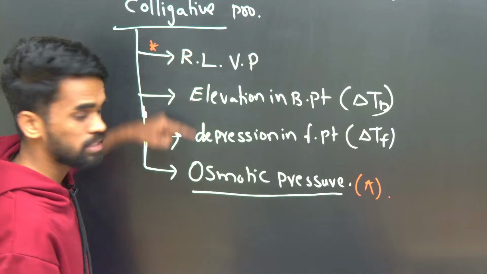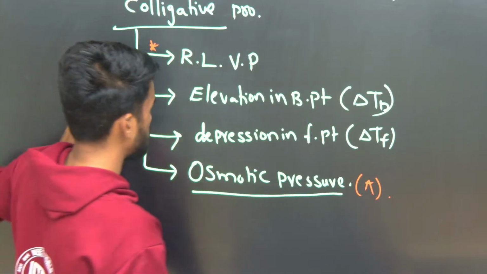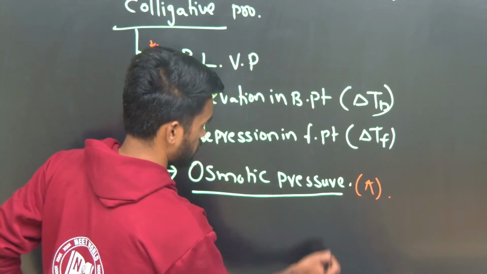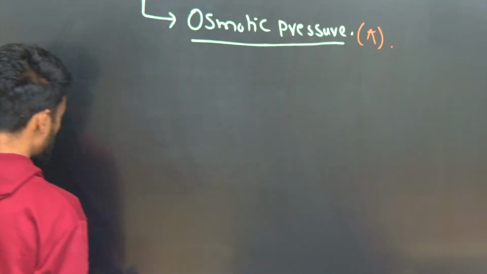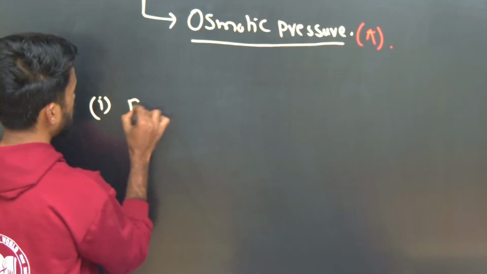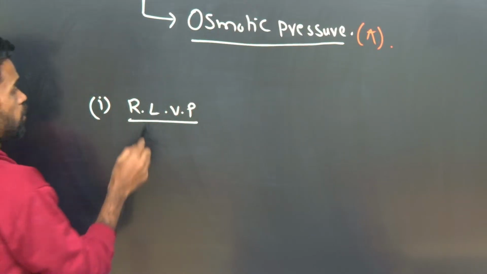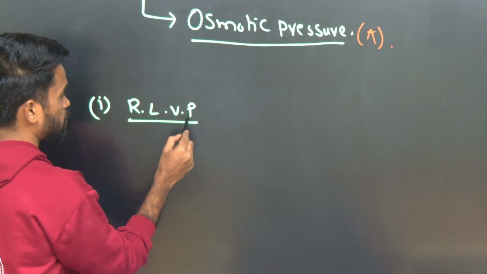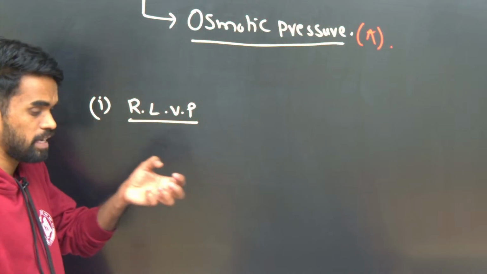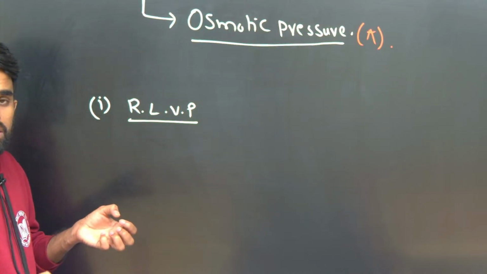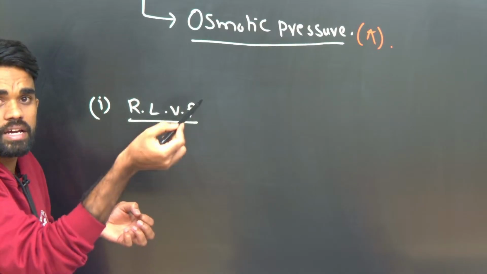Hope the first 4 things are clear here. Let me explain one by one. The first one is RLVP, relative lowering of vapor pressure. The name itself says lowering of vapor pressure. It means that when we compare with the initial pressure, the pressure of the solution is reduced.